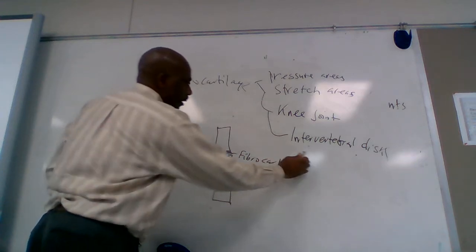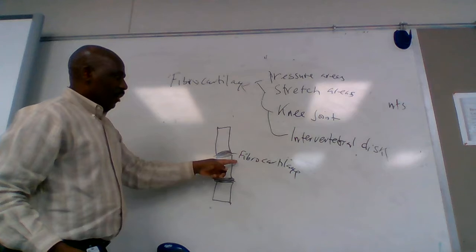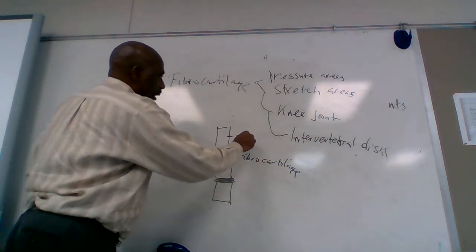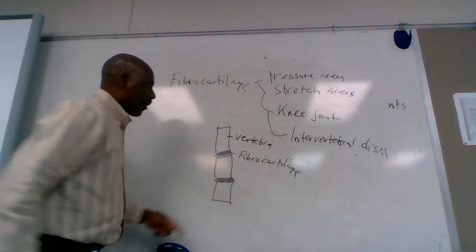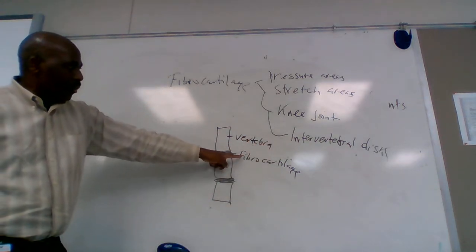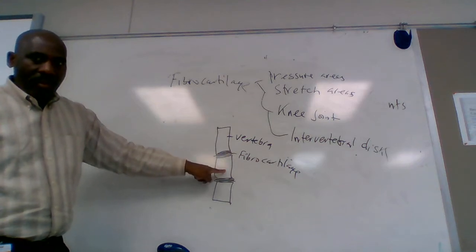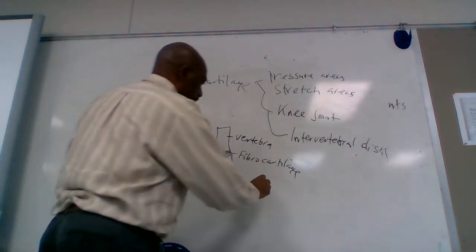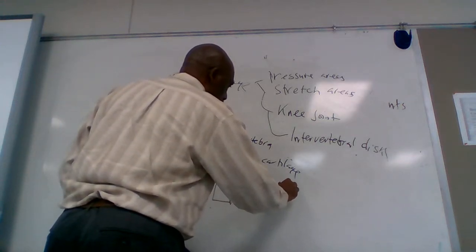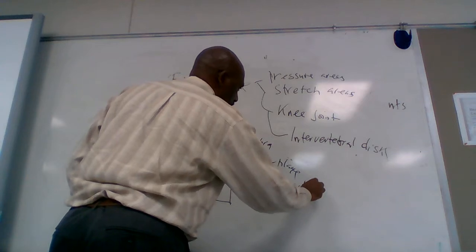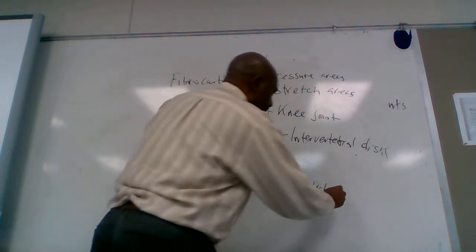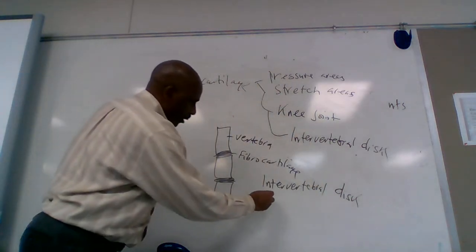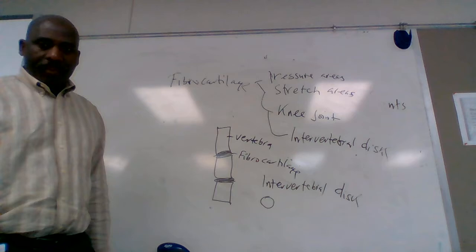But technically, when we find fibrocartilage between vertebrae, so this is a vertebra, and vertebrae is plural, then they will be called intervertebral discs. You probably see that in the lab. They are shaped like a small disc, that's the way they are actually shaped.